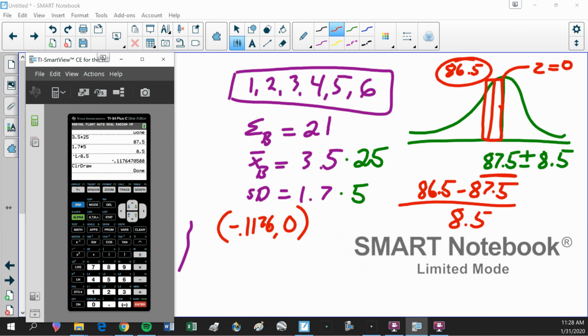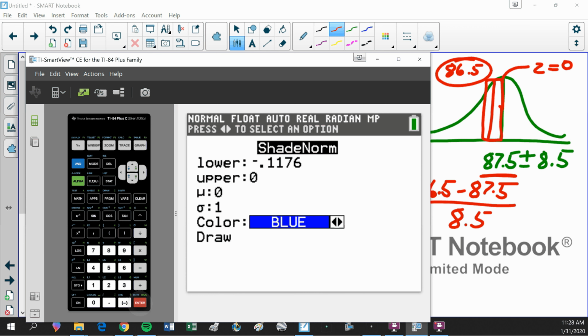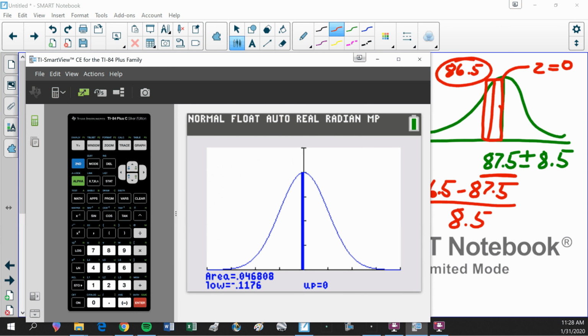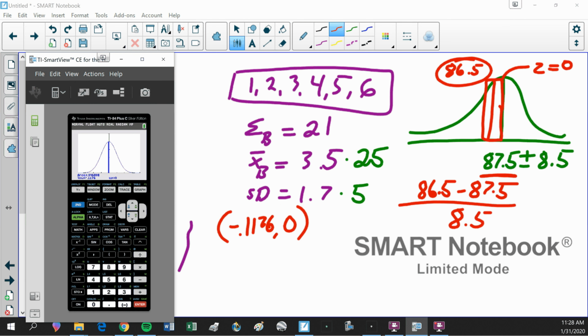So clear the draws. Shade norm, negative 0.1176 to 0, not 5. It should be the little thin box right there near the average, and I get 4.6%. So the area of this box is 4.6%.